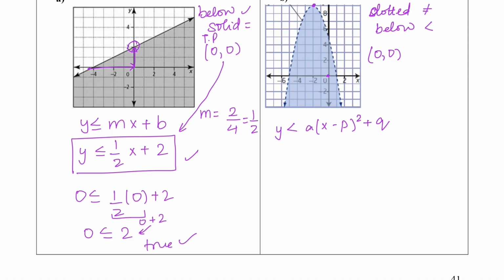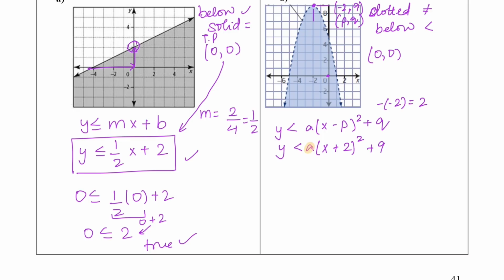So it is -2 comma 9. Yes, -2 comma 9. So that's my p and q. Don't mix it up. So a times x plus 2 squared, because negative times -2 is +2, plus q is 9, less than y. I'm not done yet though.